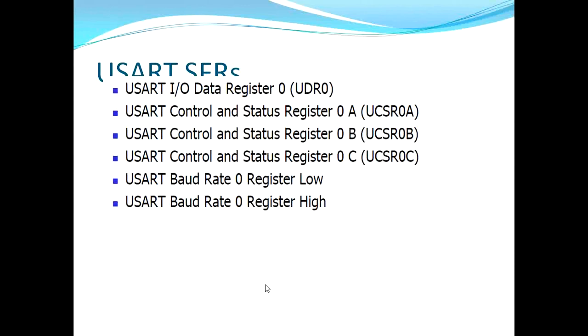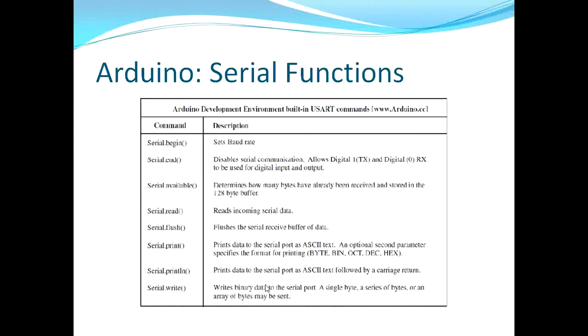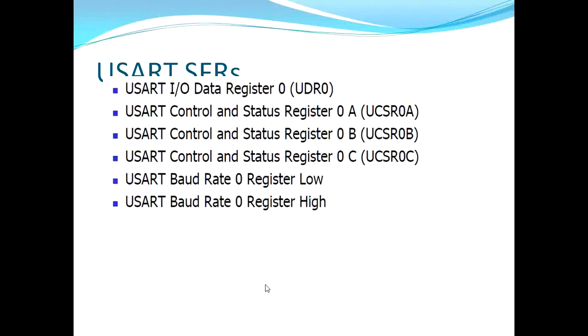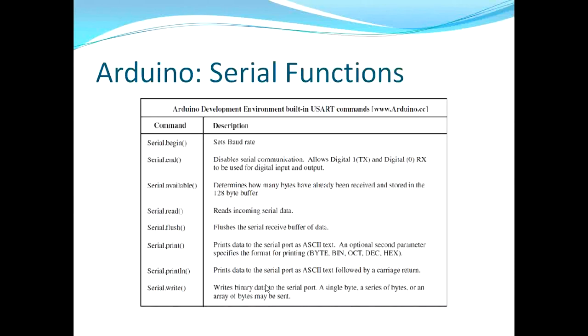So there are different types of universal synchronous and asynchronous receiver transmitter. These are some serial functions which we are using in the Arduino. Serial.begin to start the serial data, Serial.read to read the incoming serial data, Serial.flush to clear the serial received bit, or to clear the content.